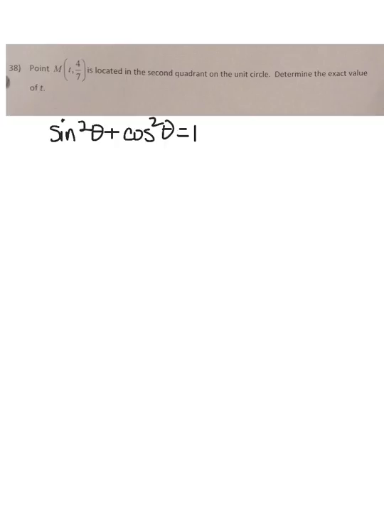All right, so if we look at 38, you see that I wrote the Pythagorean identity. You're going to have to commit that to memory, by the way, but it's pretty easy. Now they give you point m, and they tell you that the x value is t, and the y value is 4 over 7. Do you remember that the x value, we associate that with cosine, and the y value we associate with sine?